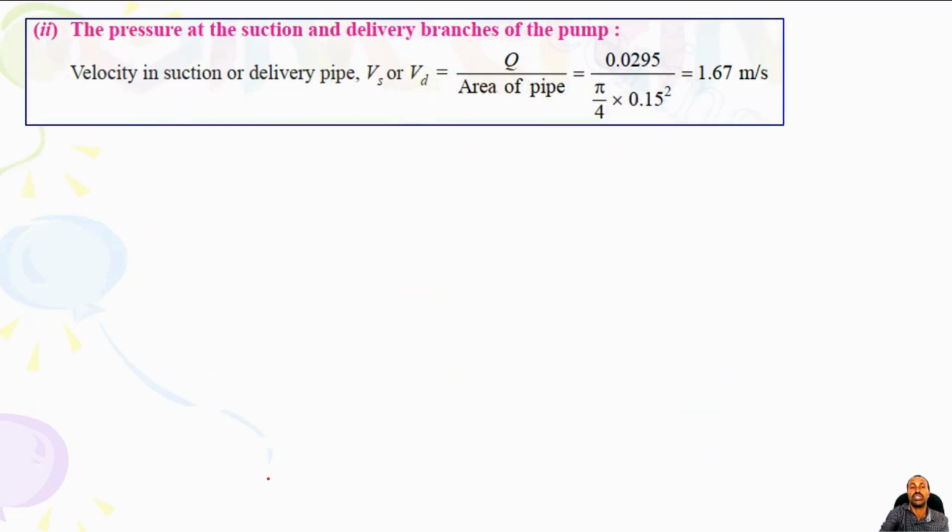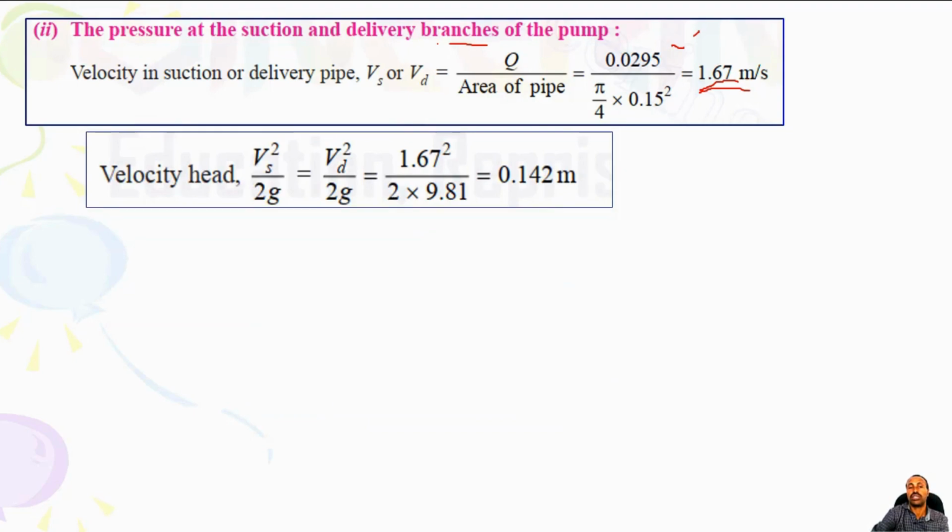Once you calculate the discharge, the pressure at the suction and delivery branches of the pump can be computed using this equation. Vs or Vd equals Q over area. Once you compute the discharge, then you can compute the velocity, which is 1.67. Then the velocity head, you can compute Vs square over 2g and Vd square over 2g.